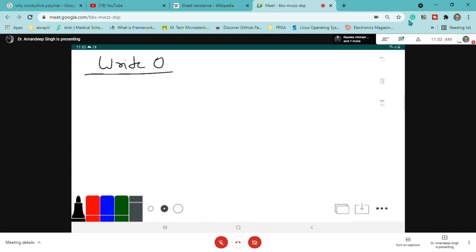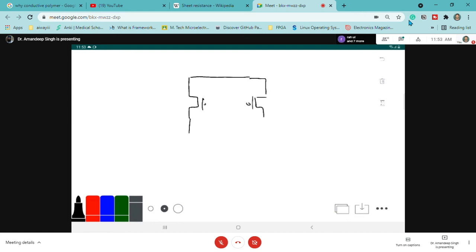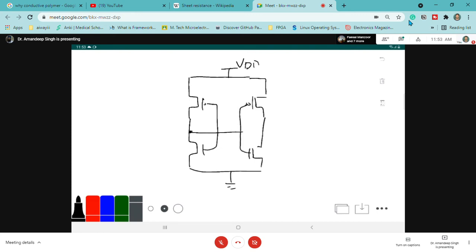I'm again drawing the SRAM. So this is connected with 0 volt.